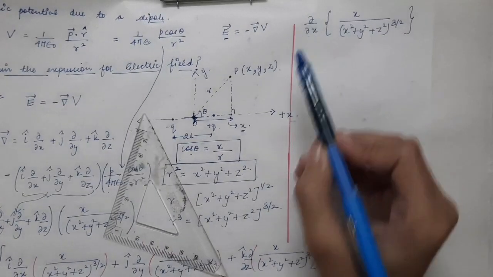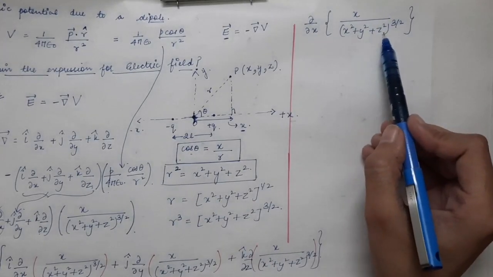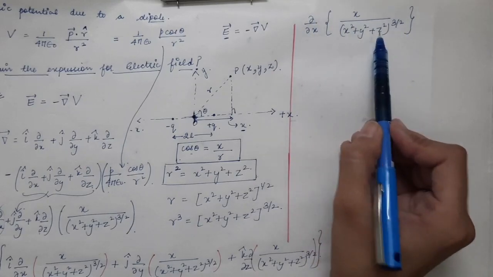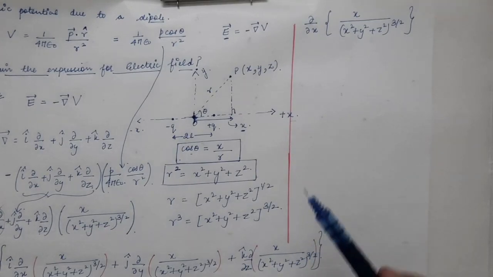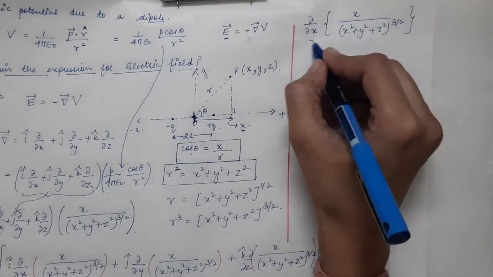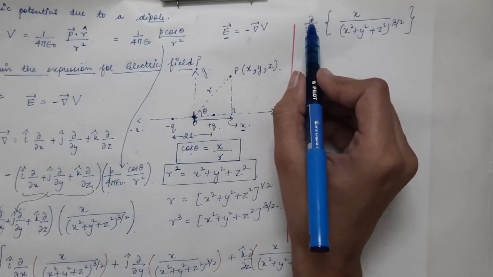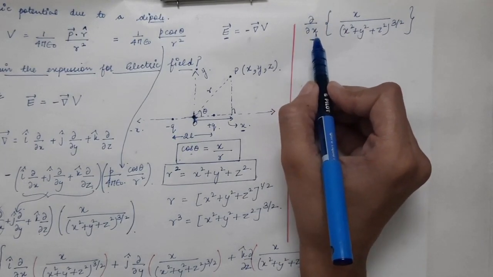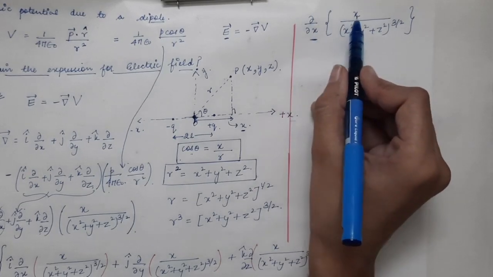So I will solve the first operator, that is del by del x, x by x square plus y square plus z square power 3 by 2. So first of all I will solve this partial derivative, and these other two partial derivatives can be solved in a similar manner by you. So first of all we will solve this derivative with respect to x, and keep in mind this is the partial derivative, and whenever you are doing the partial derivative with respect to a variable, only that particular quantity is a variable.